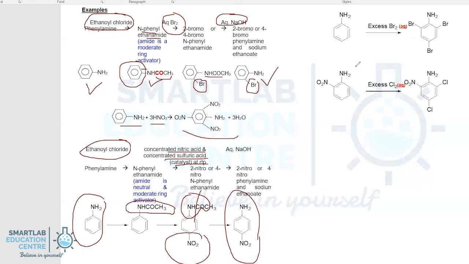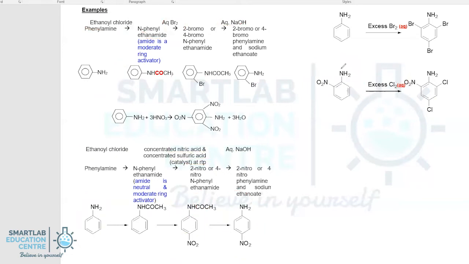Finally, let's take a look at these two examples. In these two examples, the key thing to note is that this is a strong ring activator, and it is actually a 2,4 director from the data booklet, while this is a very strong ring deactivator, and from the data booklet you'll notice it is a 3 director. So with that, let's take a look at the Cl as the electrophile.